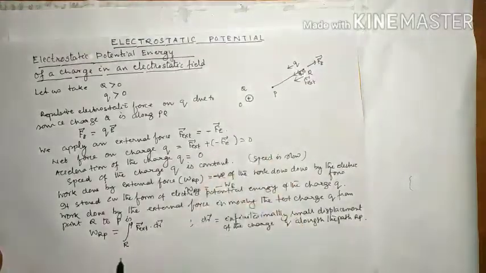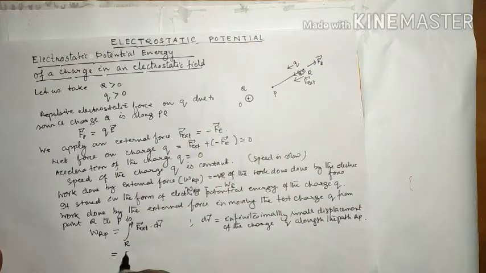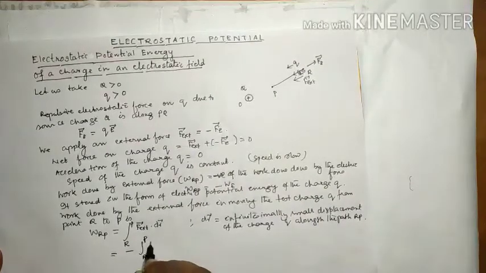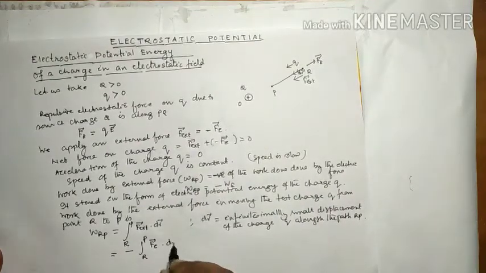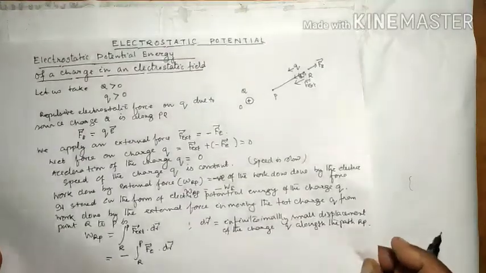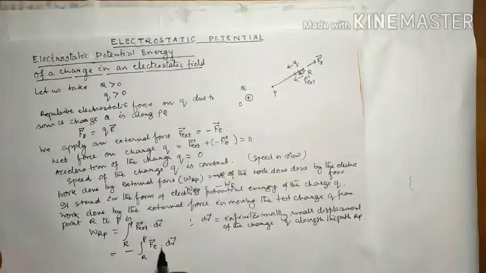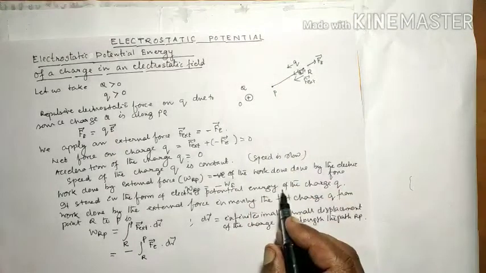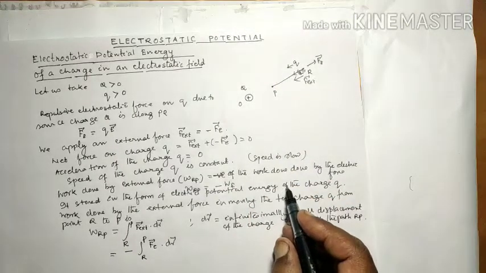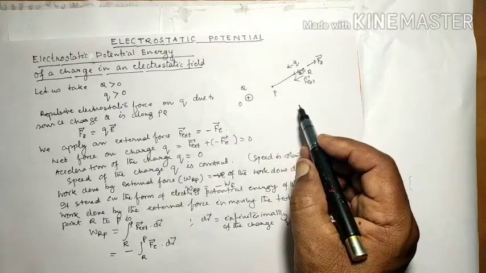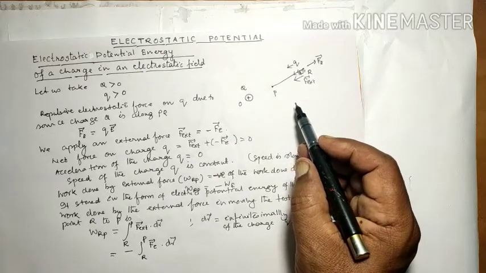Now F external is equal to minus Fe, so this is equal to minus integral from R to P of Fe dot dr. So integral from R to P of Fe dot dr, that is WE, work done by the electric force. So WRP is minus WE. So this is work done against electrostatic force and gets stored as potential energy.